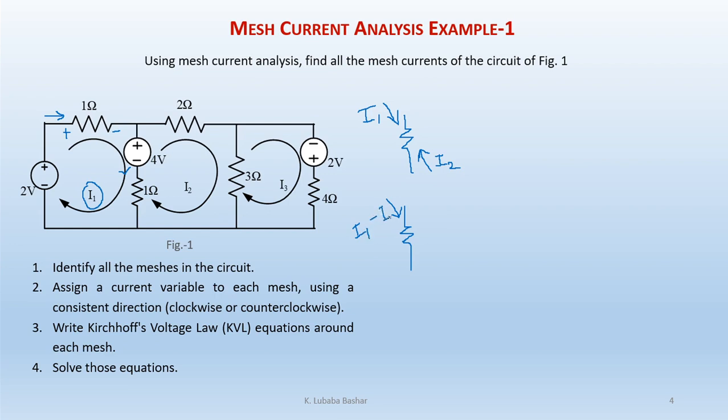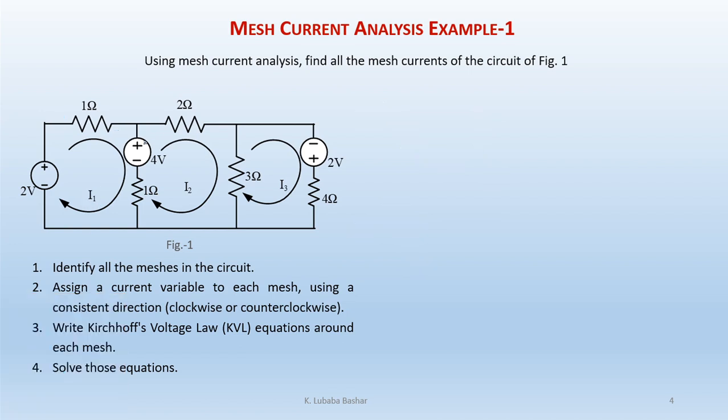So if the direction of the current is like that, then the voltage drop across it will be like this. Got it? Similarly, if I2 is greater than I1, then the current will follow the direction of I2, and the magnitude will be simply I2 minus I1, and the voltage drop across it will be like this. Got it?